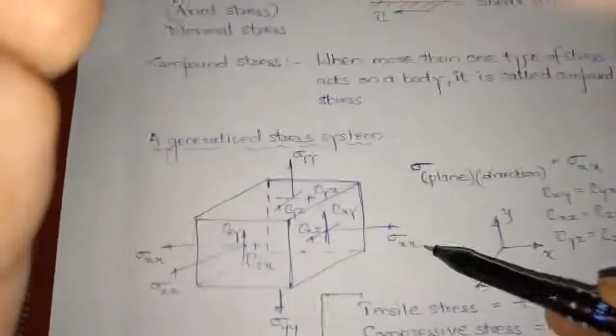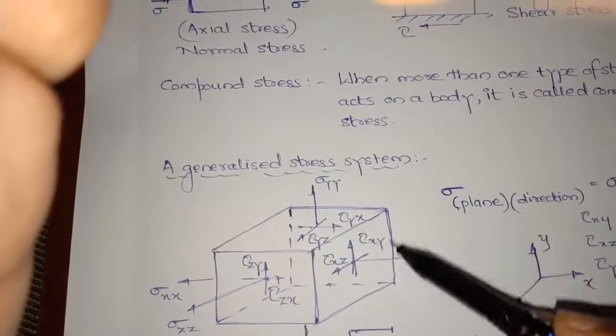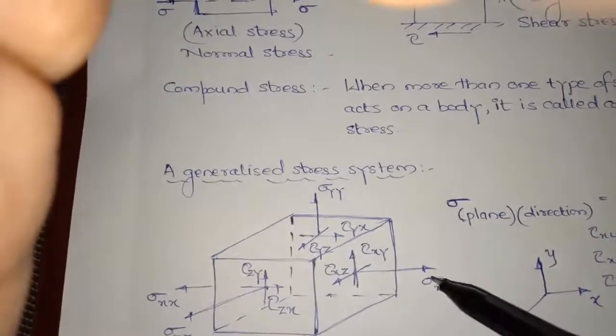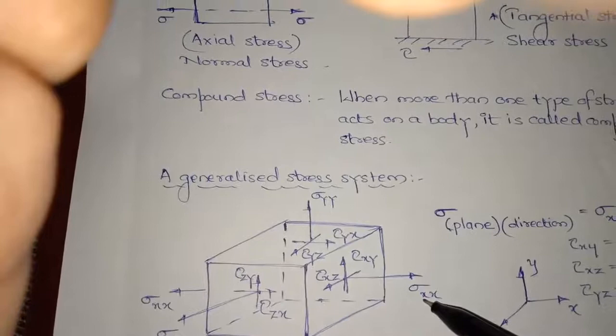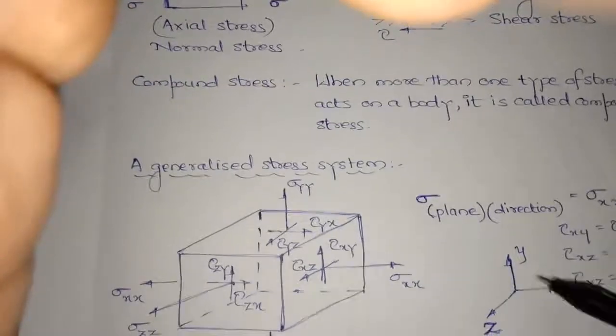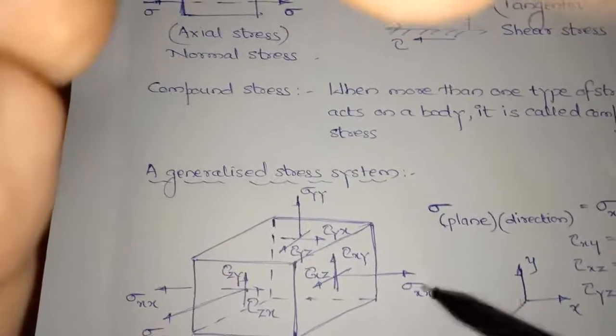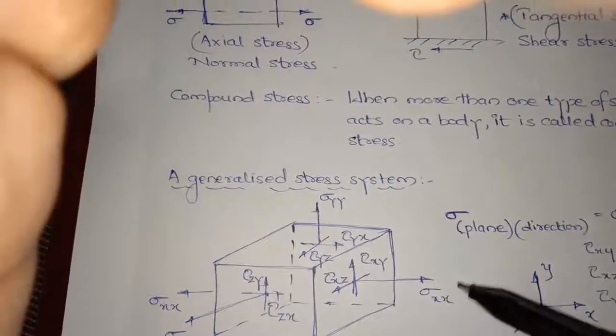Which means sigma xx: this plane is the x plane, so the plane is indicated as x, and the direction is the x direction as shown here. So we will write the normal stress as sigma xx.